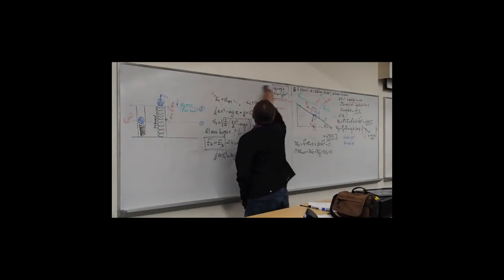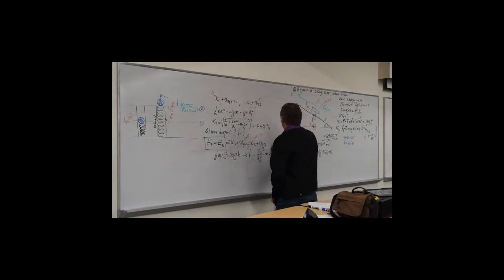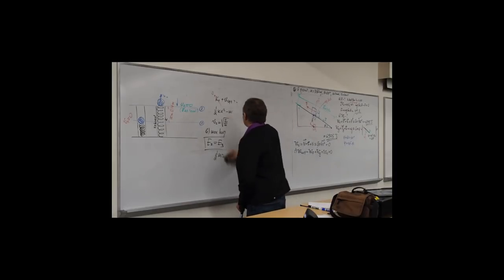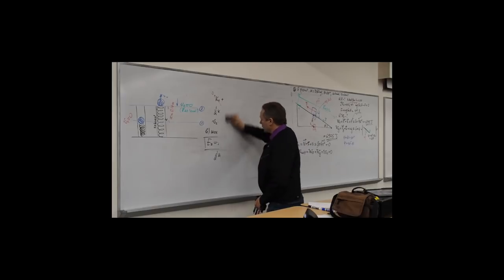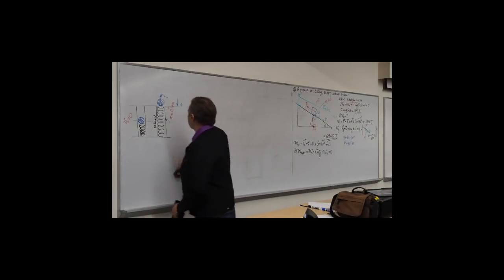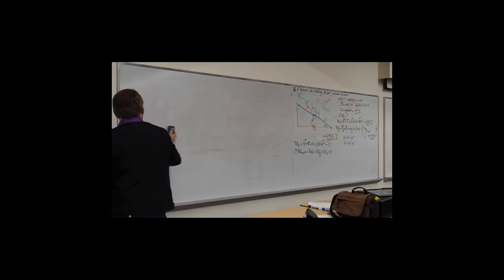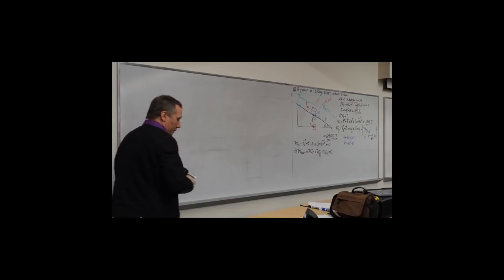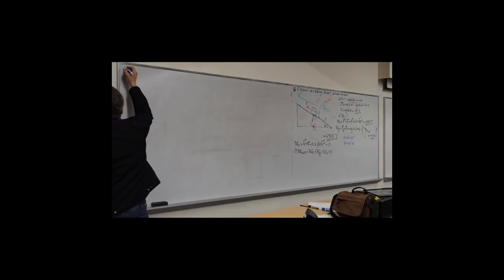So now let's review the idea of an impulse and how that can be used to calculate the final velocity or change in the velocity of the system. So I'll put a new bullet. Now let's review impulse.